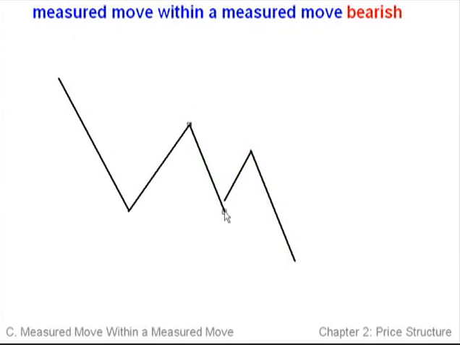Now, if this low here was to be lower than this low over here, then we would not have a measured move within a measured move any longer. It would simply be two measured moves back to back.